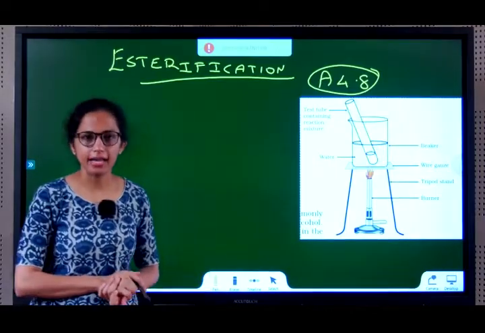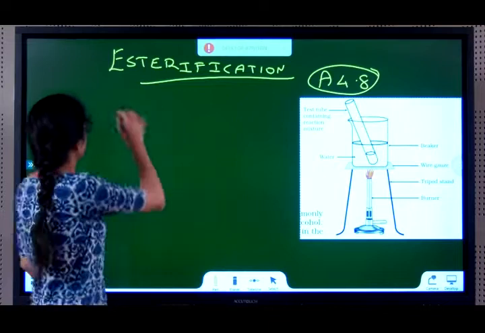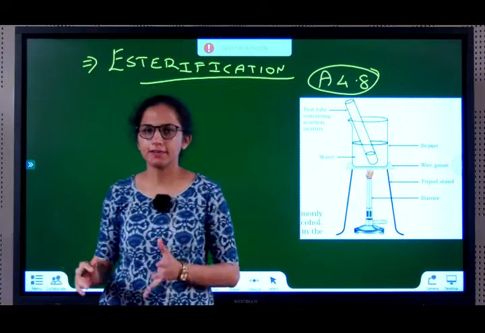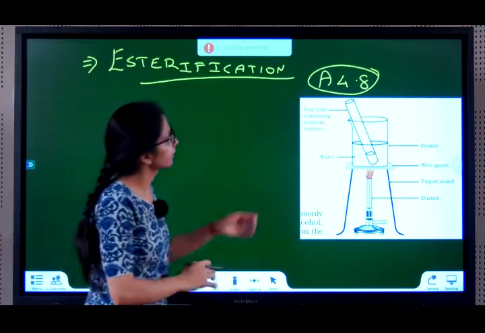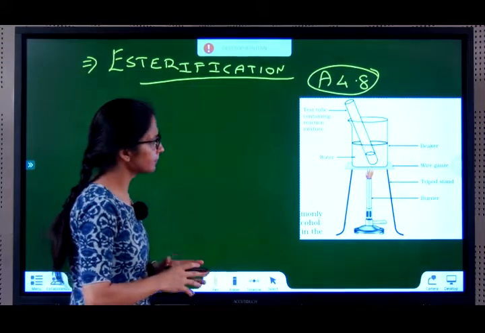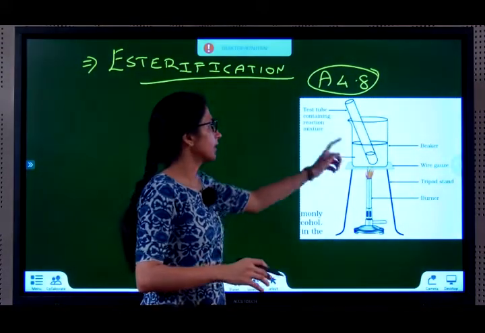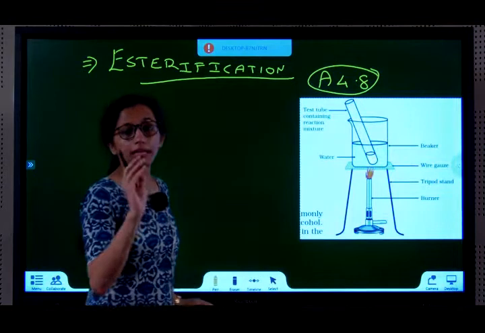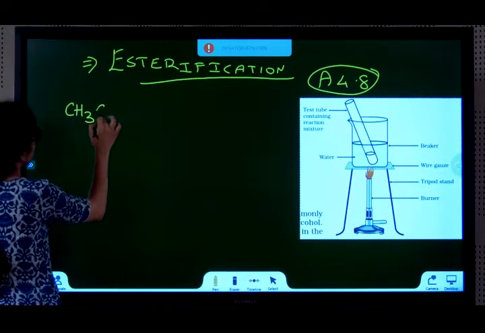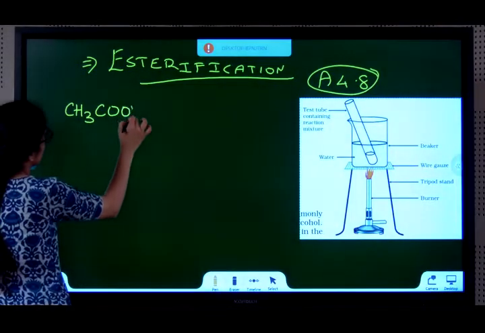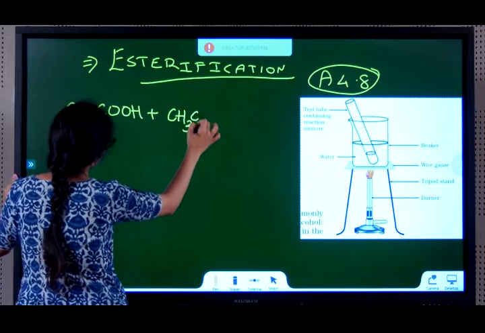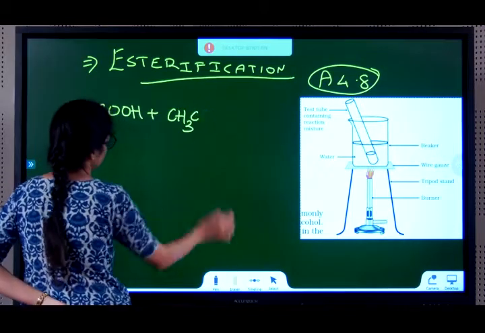Under ethanoic acid, we have one more property to study, esterification. What is esterification? You'll understand with this experiment. Activity 4.8. In this activity, what we do is, we take a test tube containing ethanol and ethanoic acid.